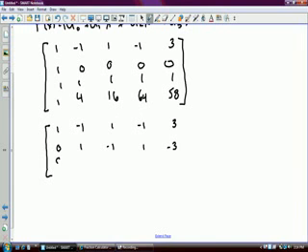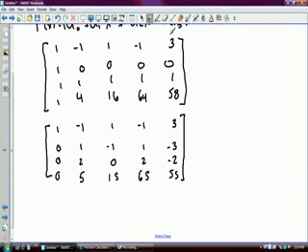Multiply by negative 1 again, so we get 0, 1 and 1 make 2, negative 1 and 1 make 0, 1 and 1 make 2, negative 3 and 1 make negative 2. And then I got 0 here multiplying by negative 1 again, so that's 5, 15, 65, and 55. Well, that bottom row, that looks like I can work with that.